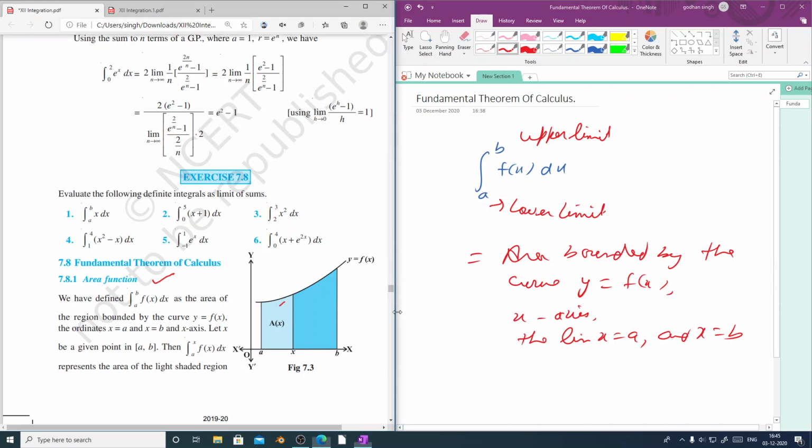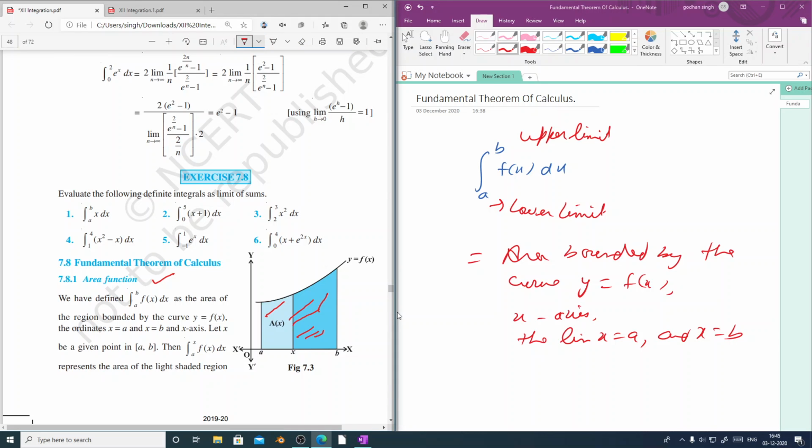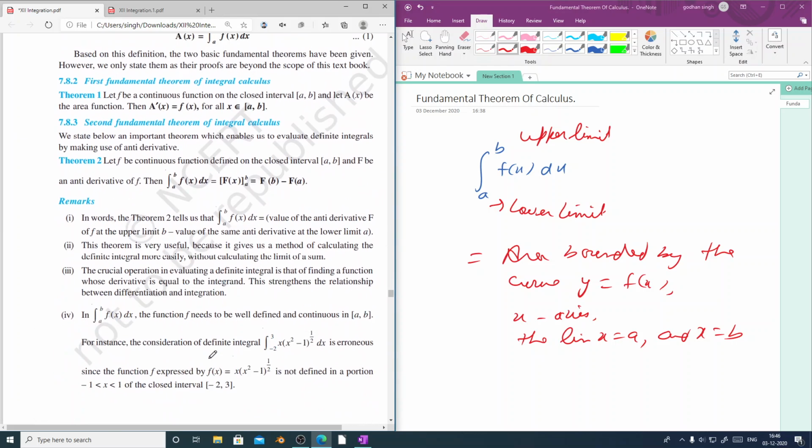So we get this area. This is the curve y equal to f(x), bounded by the lines x equal to a, x equal to b, and the x-axis. So whenever we integrate the function f(x) from a to b, what we get is the area below the curve till the x-axis, bounded by the lines x equal to a and x equal to b. Now let us go further.